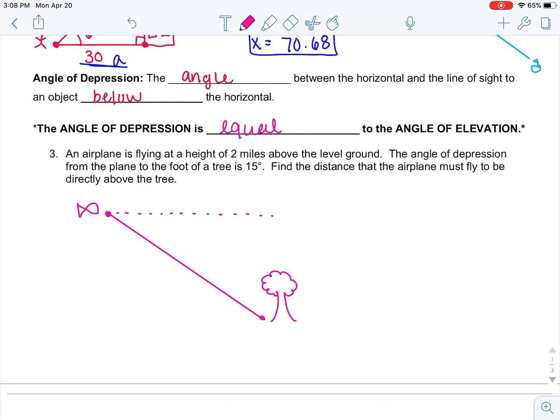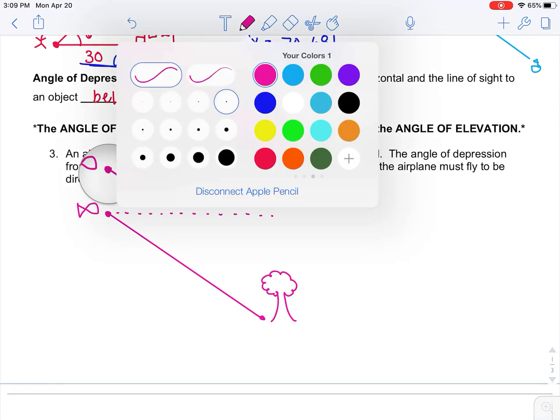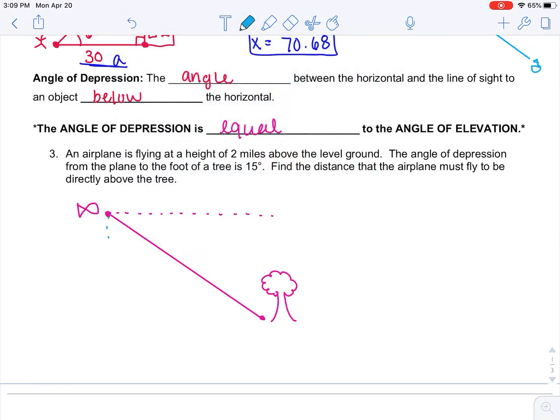It says an airplane is flying at a height of 2 miles. So that means it's 2 miles above the ground. So this distance to the ground we know is going to be 2 miles. We also know this distance over here to where the airplane will be would be 2 miles. Those would be the same. We know the angle of depression from the plane to the foot of the tree is 15 degrees.